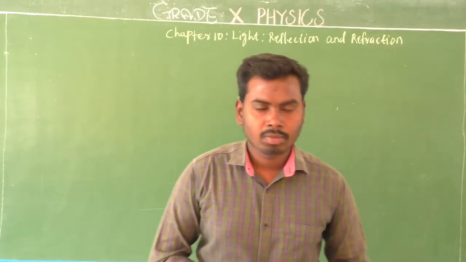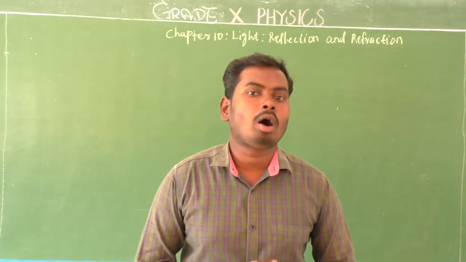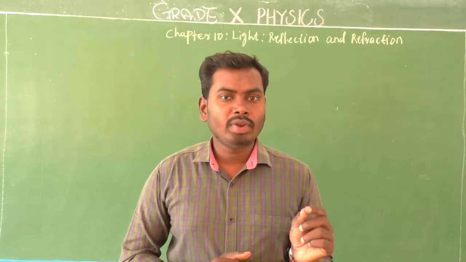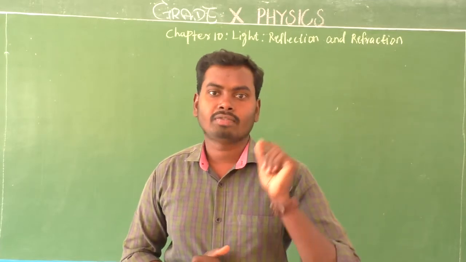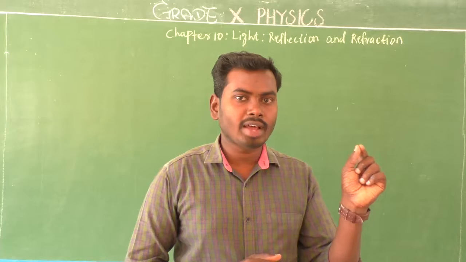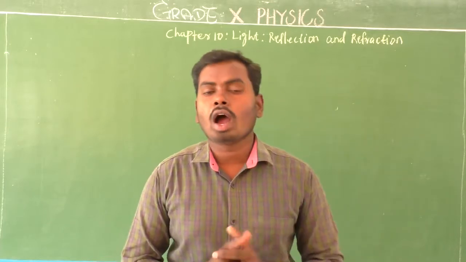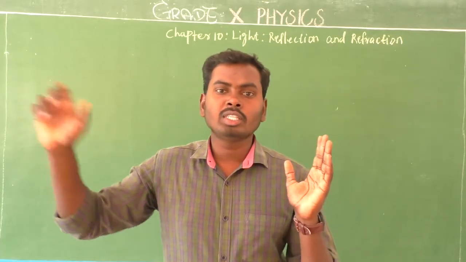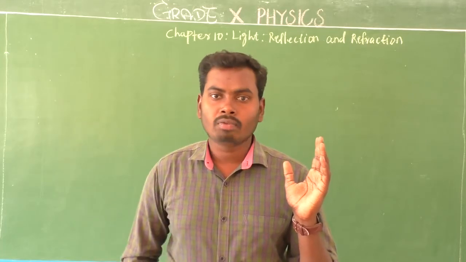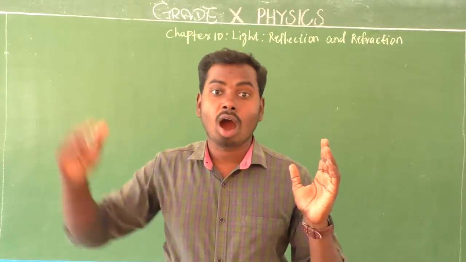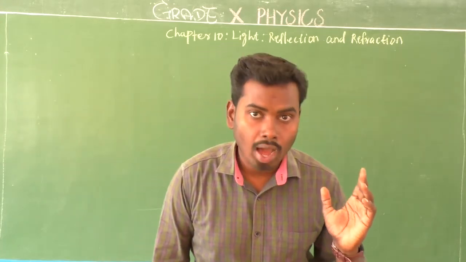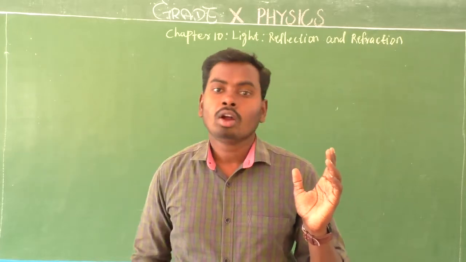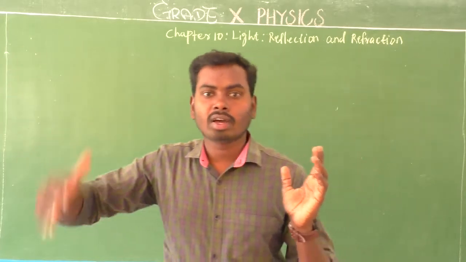Then after that we have placed the object between 2F' and F'. Is it clear? Between 2F' and F'. So if the object is placed between 2F' and F', where will the image be formed? Here the image will be formed beyond 2F on the other side of the convex lens.